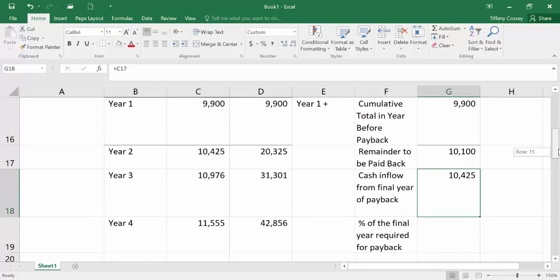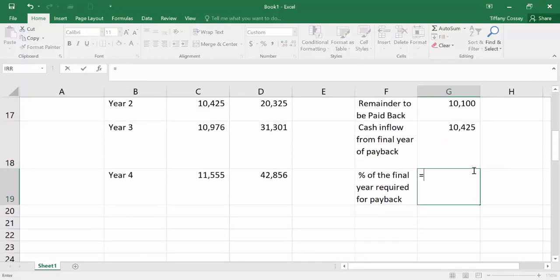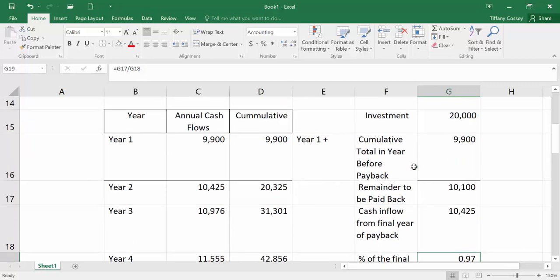So the 10,100 to be covered divided by the 10,425 that we're going to have flowing in that year, and then let's show the decimals there, is going to take 97% of the year for it to reach the payback amount.